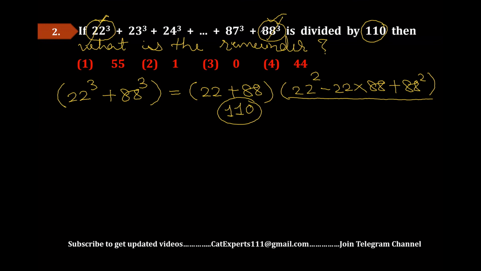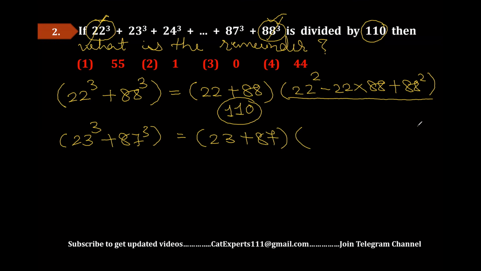Let's focus on the second and second last term. Can you see? One factor will be 23 plus 87. Forget about the second bracket. This is again 110. So the second and second last terms will again be a multiple of 110, and have to be divisible. So in such a manner, I can say the entire number is divisible by 110.